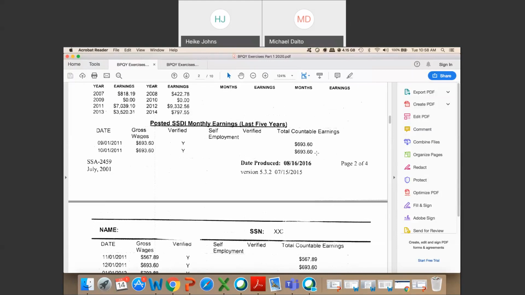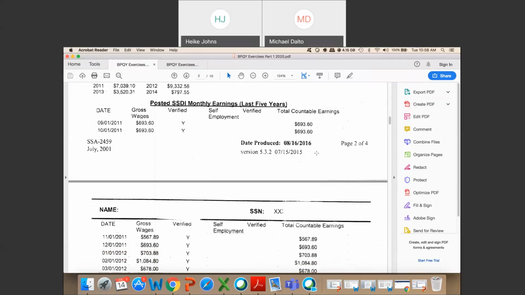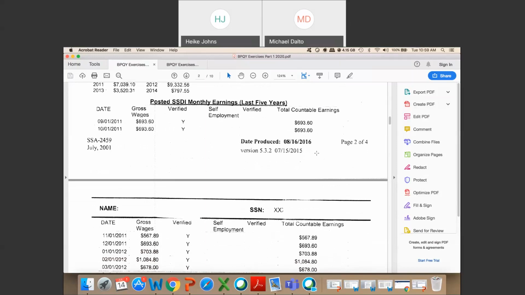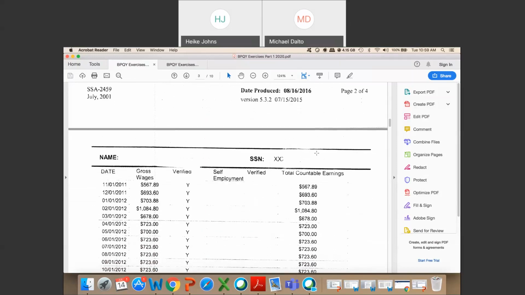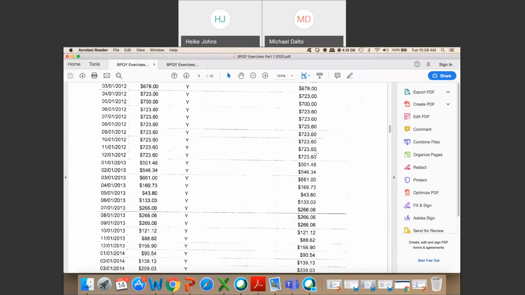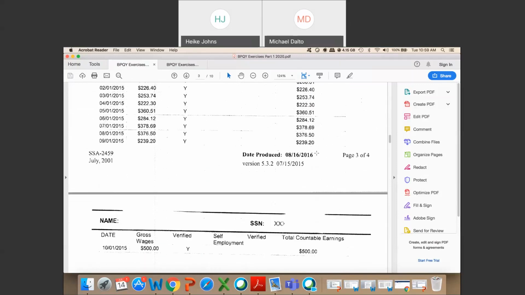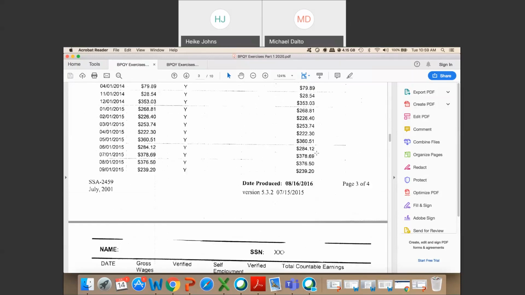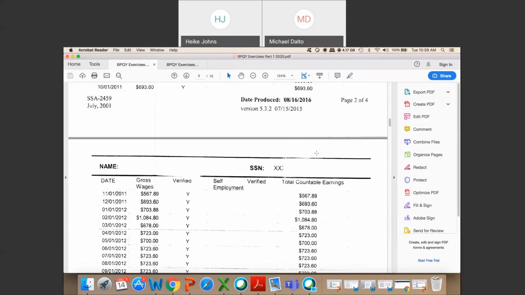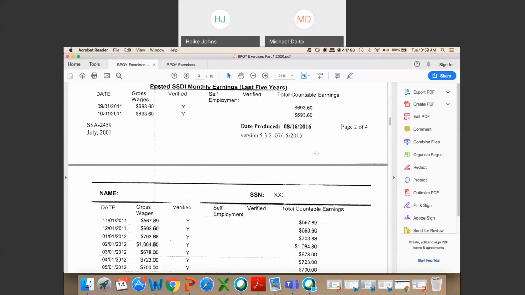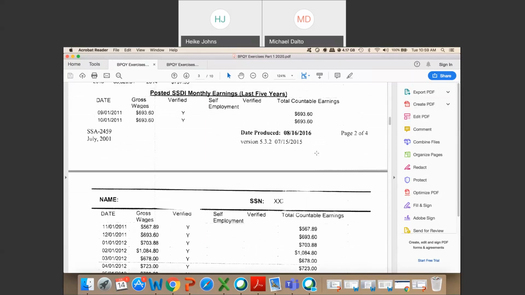If work incentives like impairment-related work expenses or subsidies were applied, the countable earnings could be lower than the gross wages. For this individual, it looks like the countable earnings are the same as the gross wages the entire way. This means this person has not been using Title II work incentives.